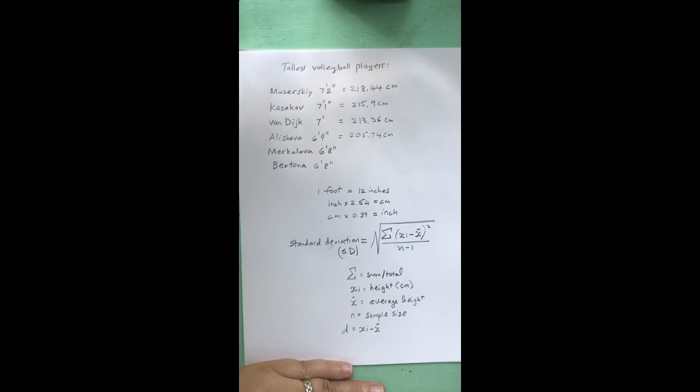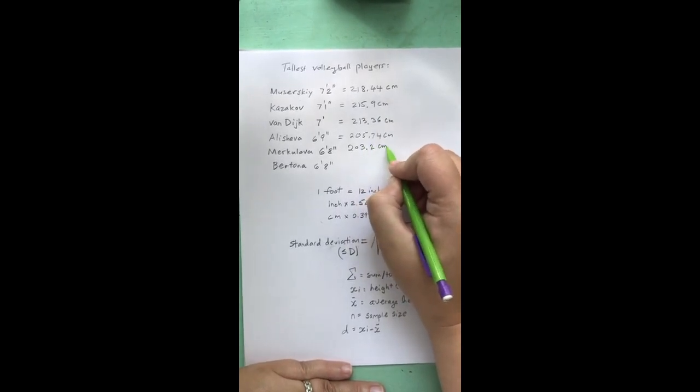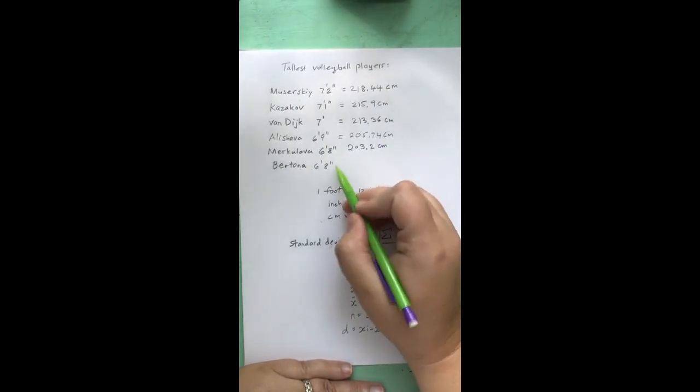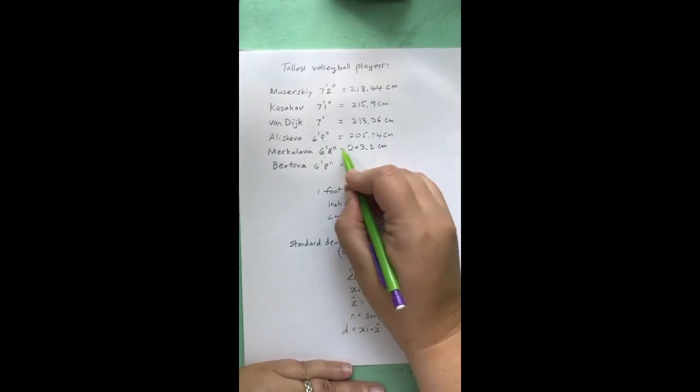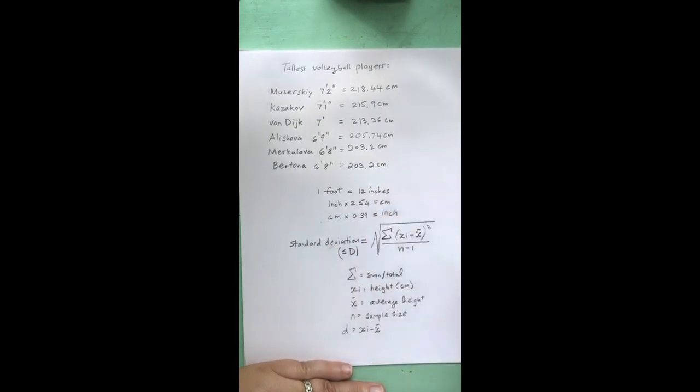And then 6 times 12 is 72 plus 8 inches, 80 times 2.54, 203.2 centimeters. And of course this one's going to be the same as that one. No need to recalculate that unless you want to double check your work if you think you made a mistake.